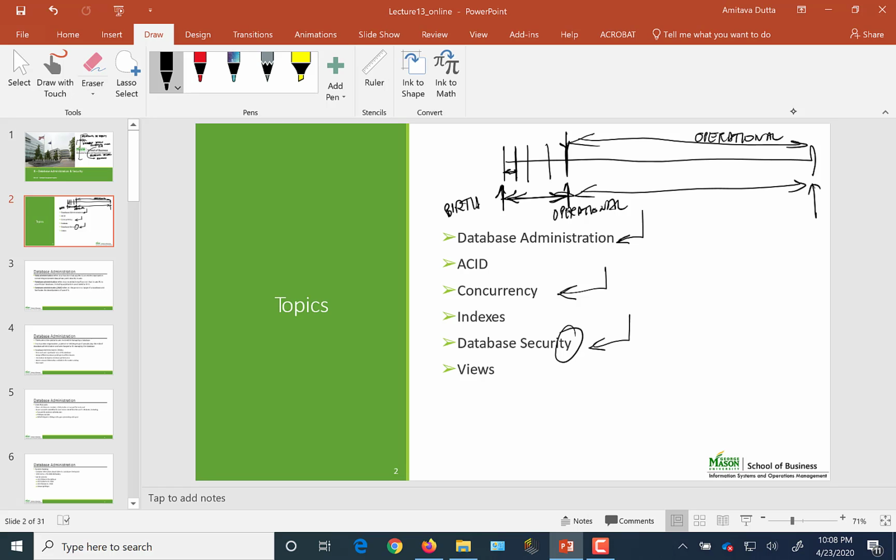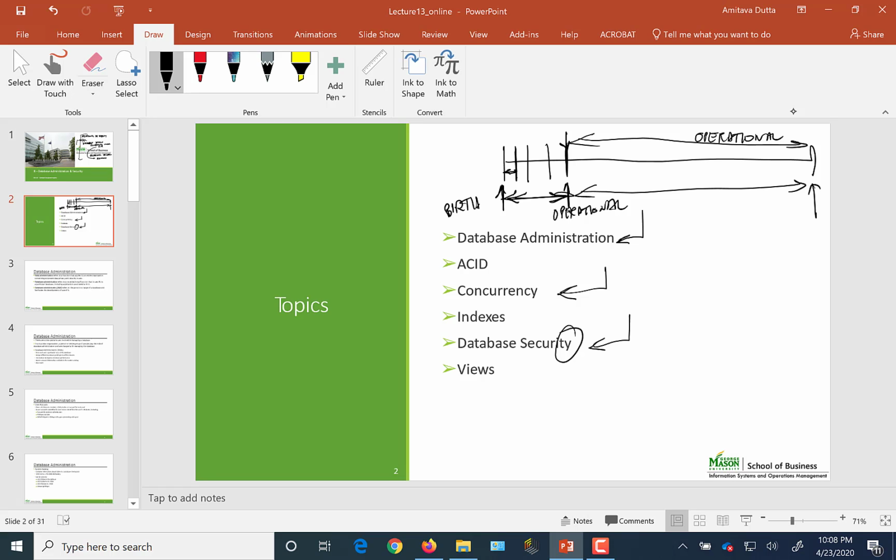Another major activity that you have to take care of during operation of the database is recovery and restoration, because it's a fact of life that things fail. So if your database crashes, how do you recover from the crash and bring it back online? You can think of a whole host of activities that go on during the operational phase.